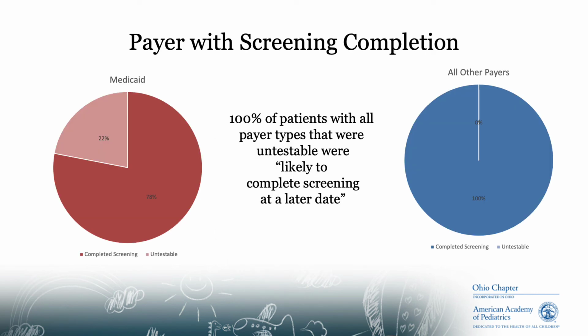And then just a breakdown with Medicaid. So for patients with Medicaid as the payer, 78% of those did have a completed screening at initial attempt. The other 22% were untestable, and with all other payers, 100% had a completed screening at the initial attempt.